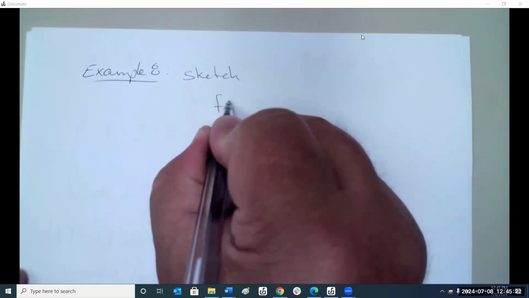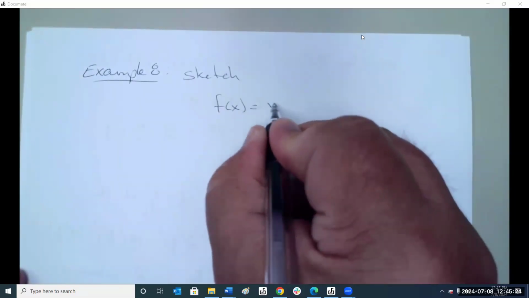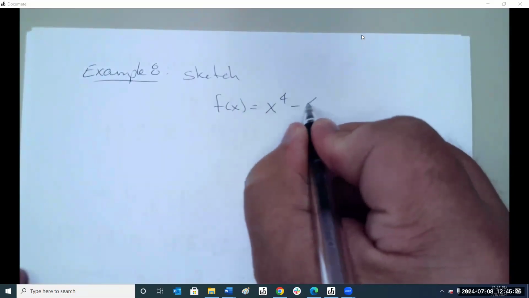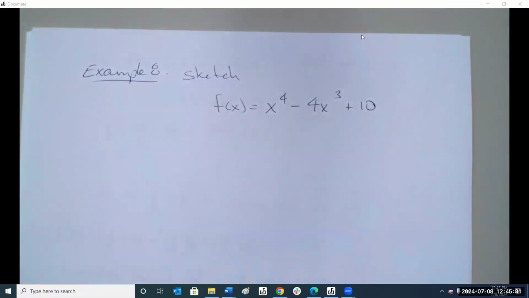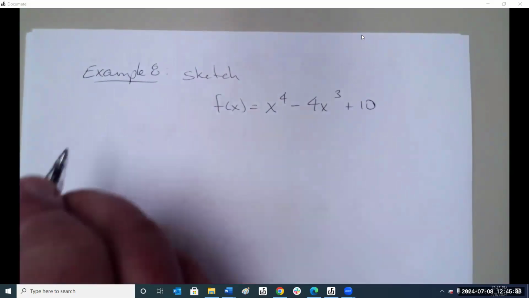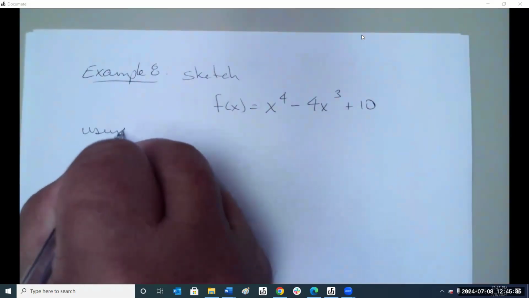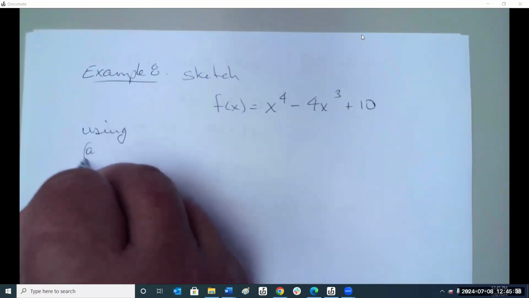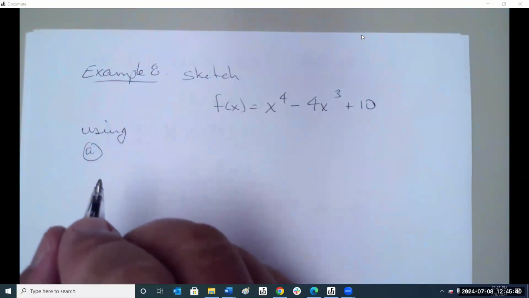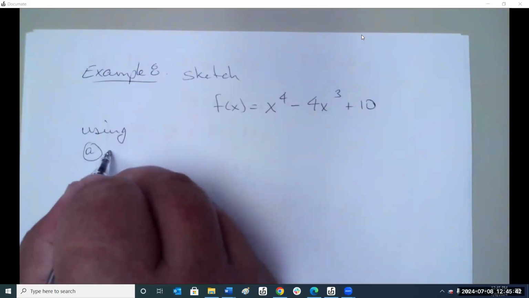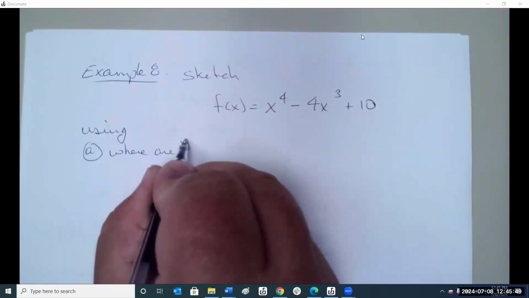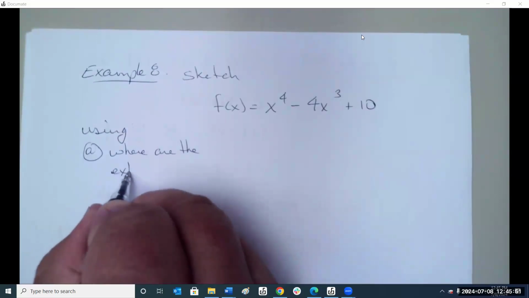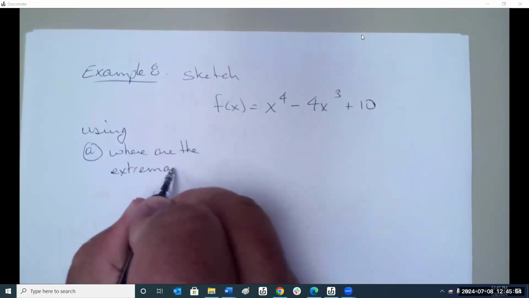Sketch f of x equals x to the 4th minus 4x cubed plus 10, using the steps. Where are the extrema?